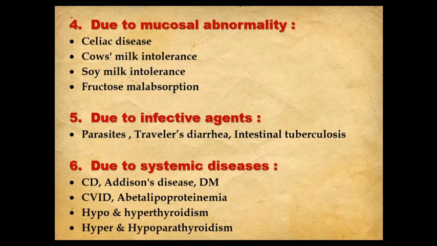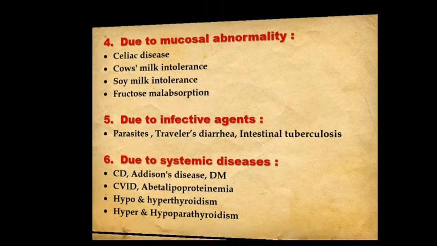Addison disease is another example, diabetes mellitus, and common variable immune deficiency, abetalipoproteinemia, hypo and hyperparathyroidism, because it's affecting the motility of the GIT and of course affecting the whole metabolism, so the absorptive function will be affected.